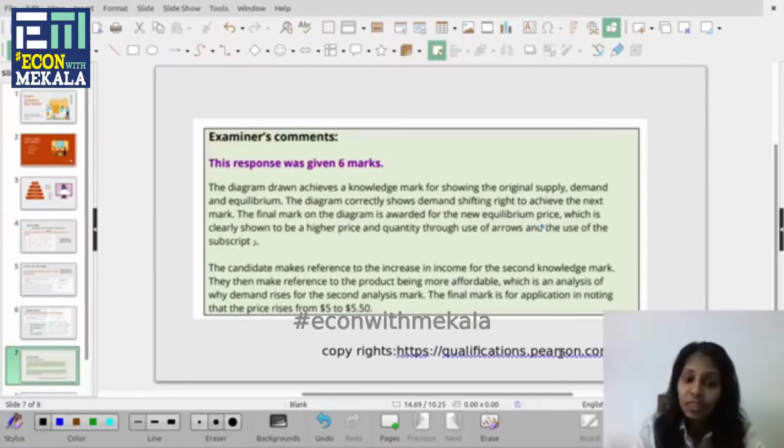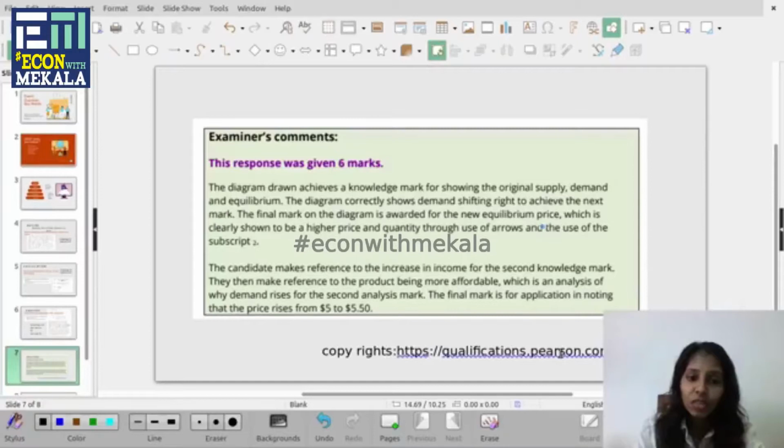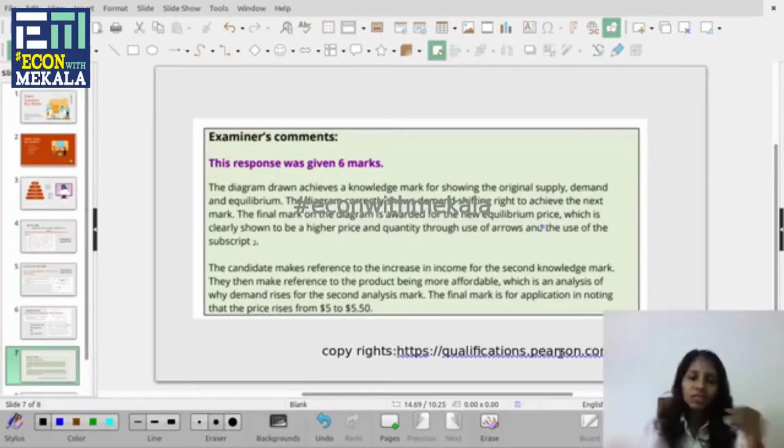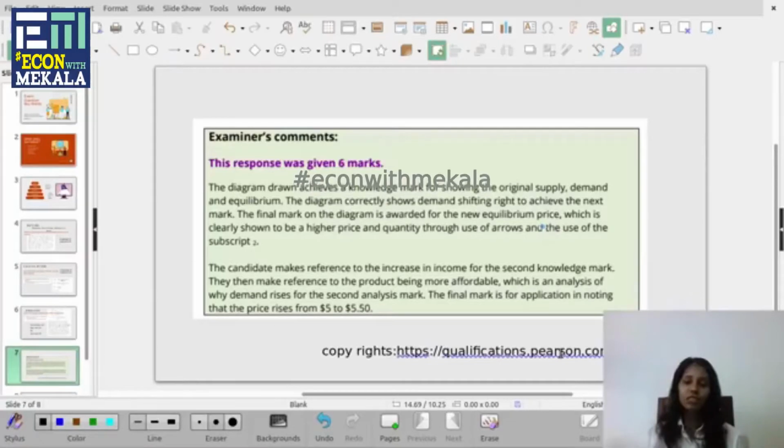The candidate makes reference to the increase in income for the second knowledge mark. Then they make reference to the product being more affordable, which is an analysis of why demand rises, for the second analysis mark. The final mark is for application in noting the price rises from 5 to 5.50. So when we say prices increased, I mentioned he has used some numbers to support his answers.